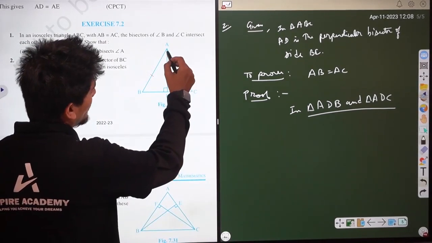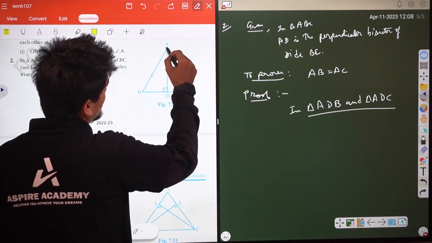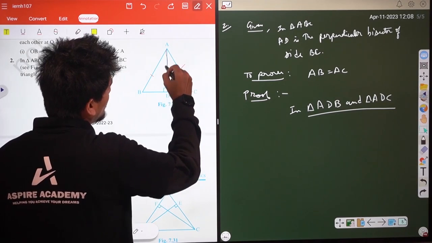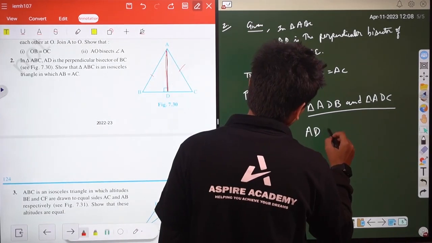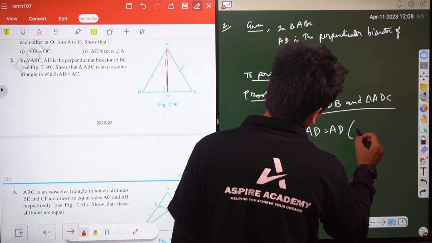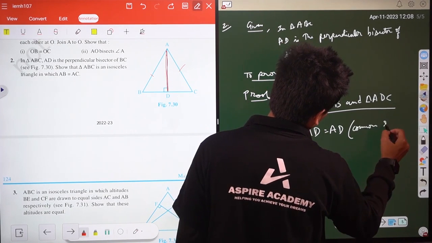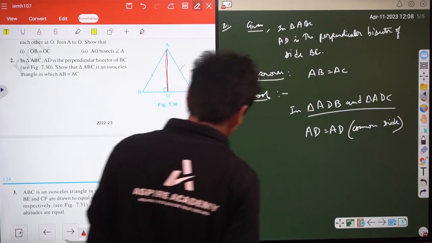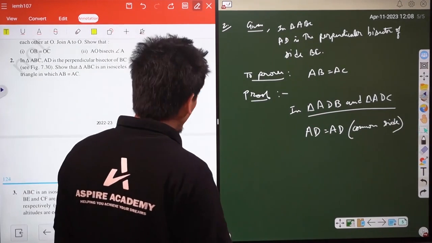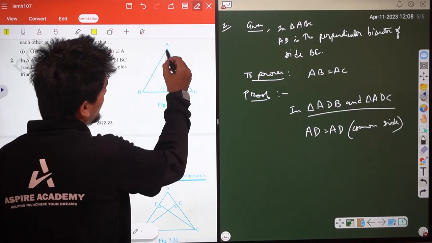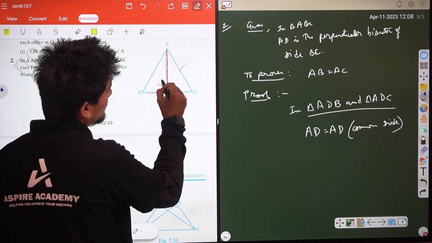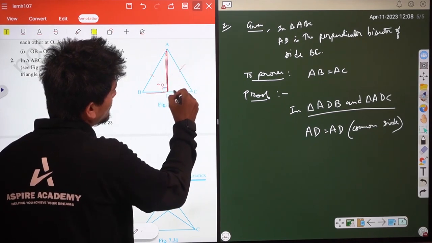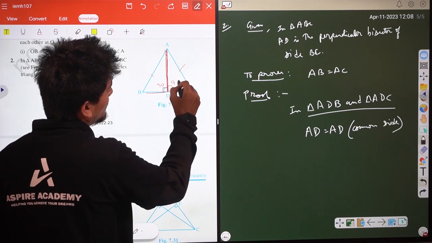This side, this line, is common to both the triangles. So AD is equal to AD, which is the common side, right? Next, angle ADB, this angle is 90 degrees, and this angle is also 90 degrees.